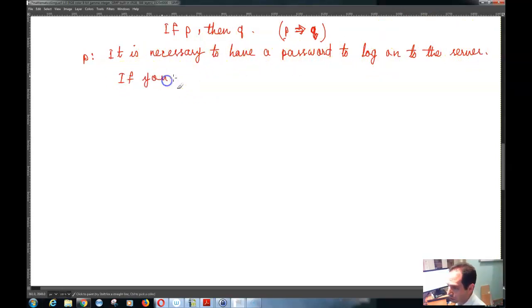That makes more logical sense, of course. If you log on to the server, then you have a password.